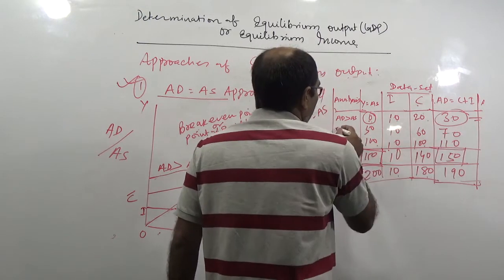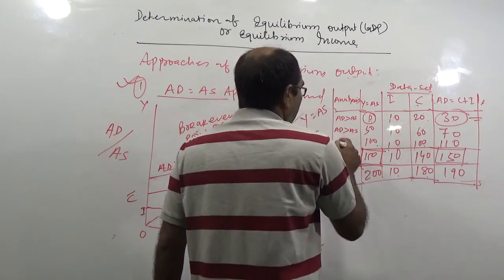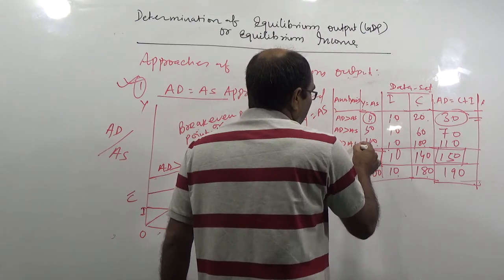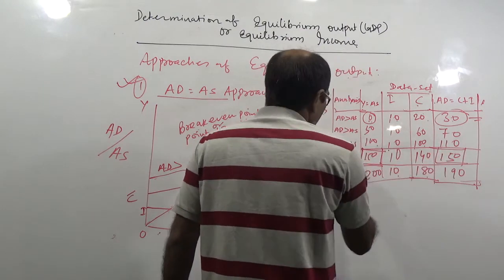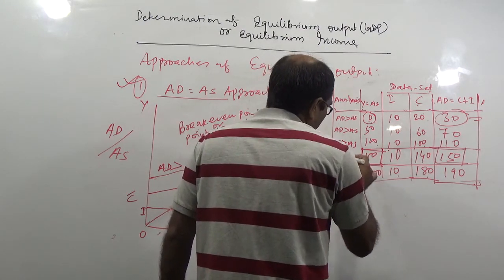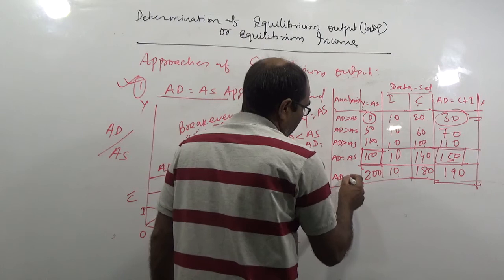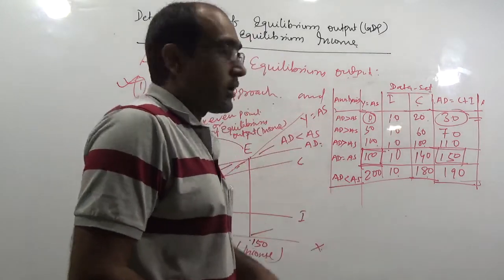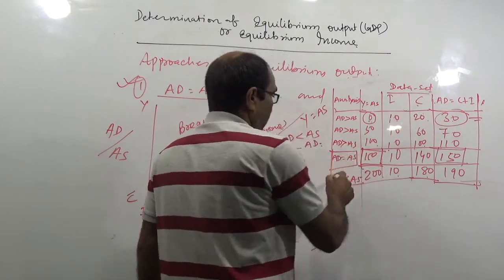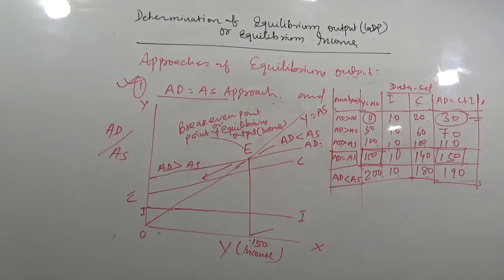At 50 and 70, again AD is greater than AS. At 100 and 110, our AD is greater than AS. But at 150 and 150, our AD exactly equals AS. After that, at 200 and 190, our AD is less than AS. So among all the points, we get only a single point at which AD exactly equals AS. So this point is the equilibrium level of output and income.